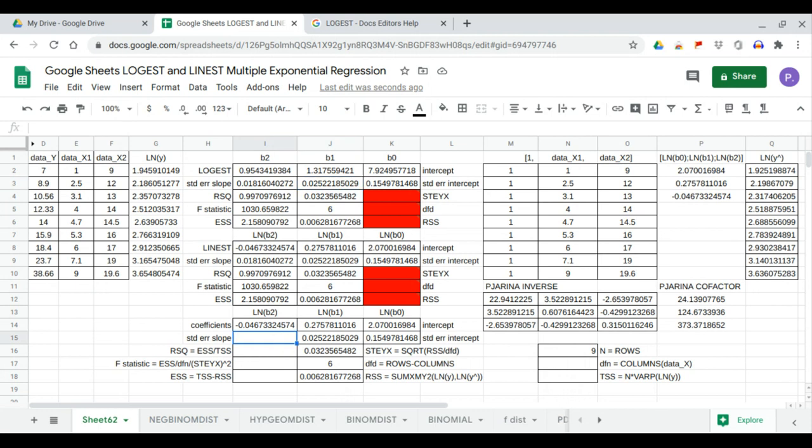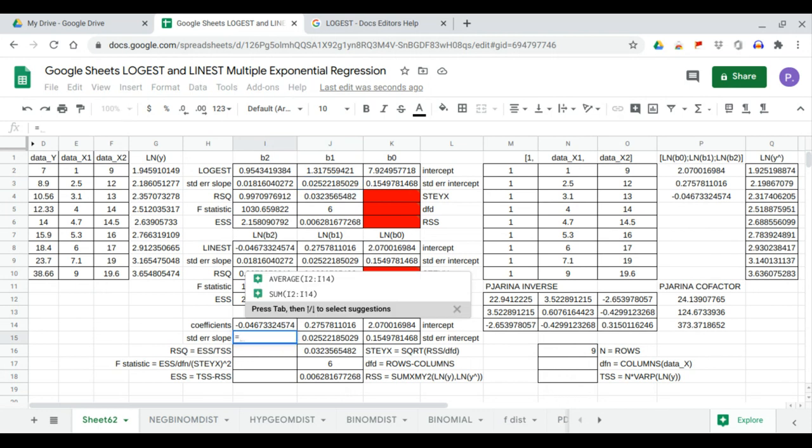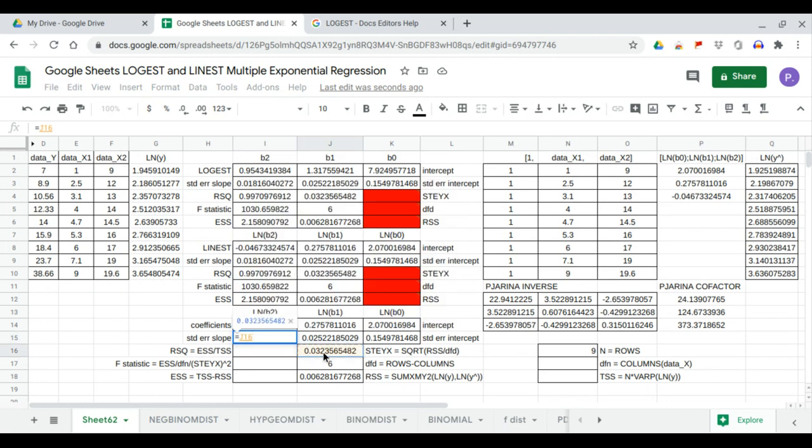The standard error value of ln b2 is STAY-X times the square root of pseudoinverse 3. And this matches our LINEST and LOGEST output. Next, we calculate the regression sum of squares and total sum of squares.